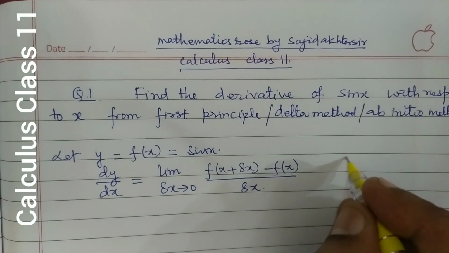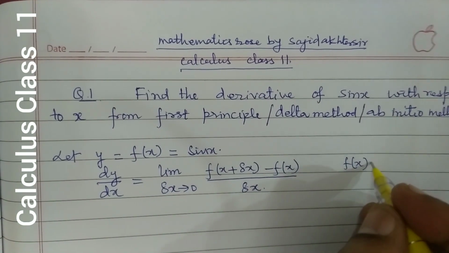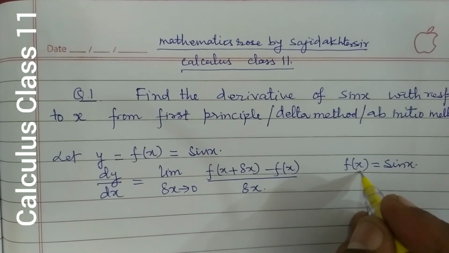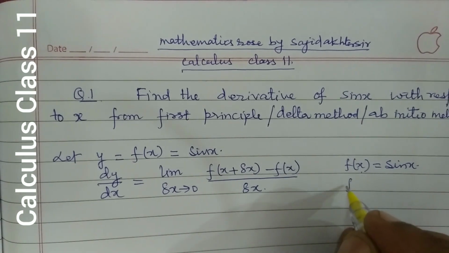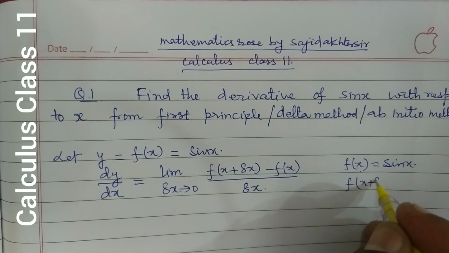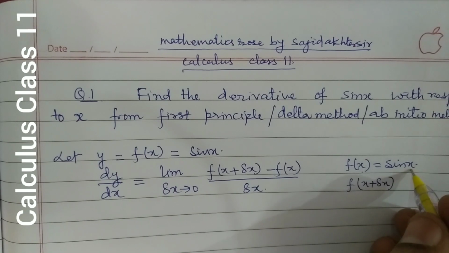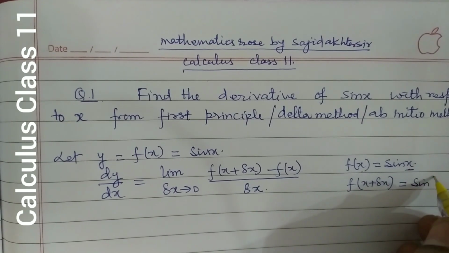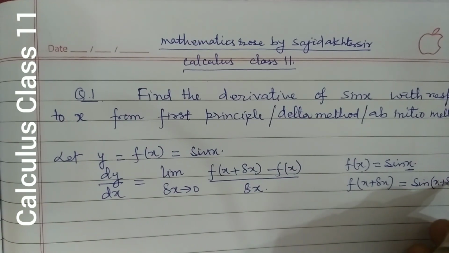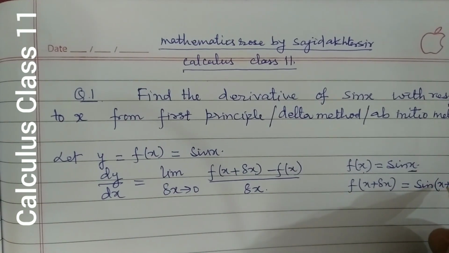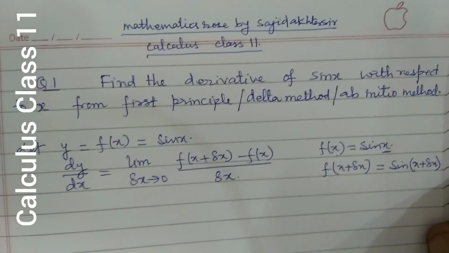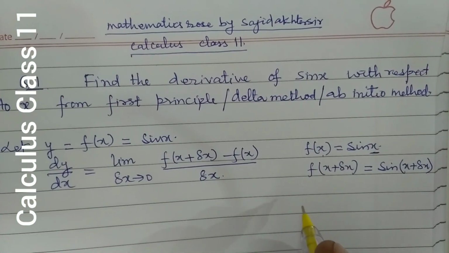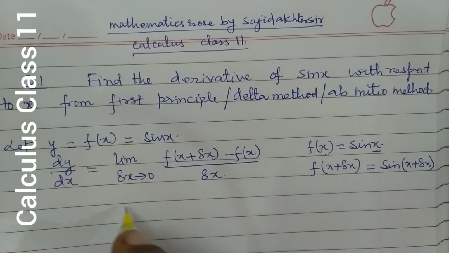Now the function f(x) is equal to sin x, so in place of x, if we change x to x plus delta x, it will become sin(x plus delta x). I have already explained in my previous video that delta x is a small increment, a small change in x.